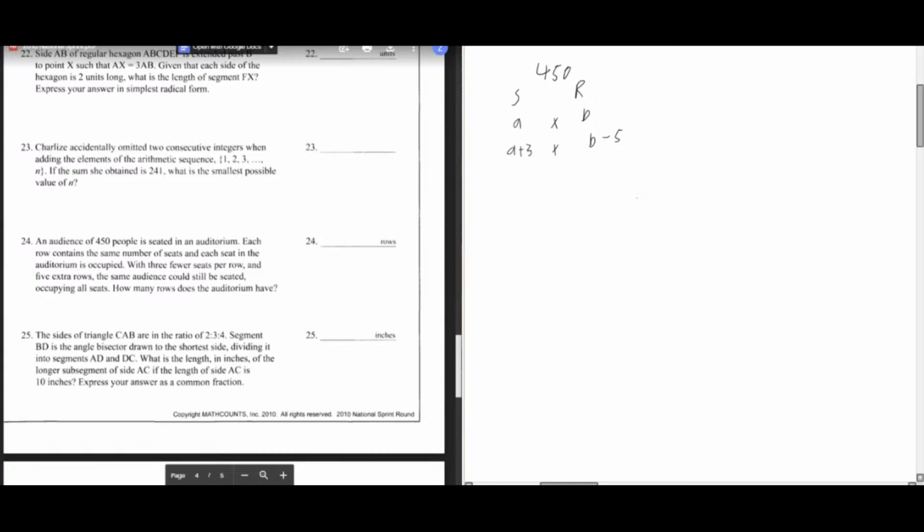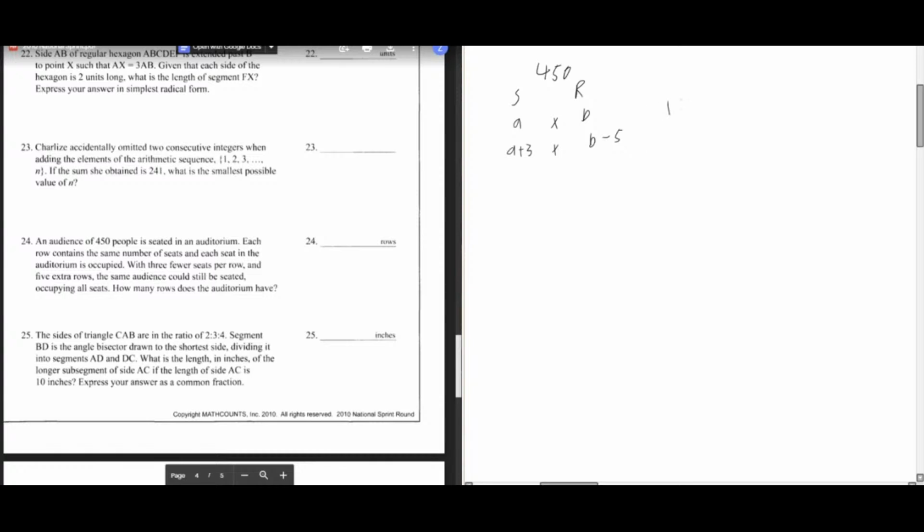I guess this is just how familiar you are with numbers, but if you think about it a bit, you have to get a number which is itself a factor of 450, and when you add 3 to it, it's also a factor of 450, or when you subtract 5 from it, it's still a factor of 450.